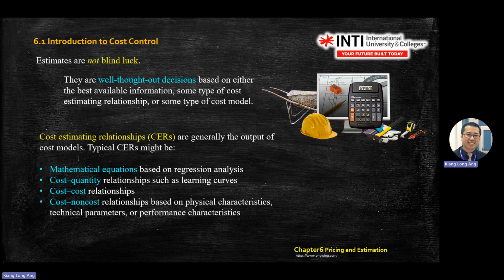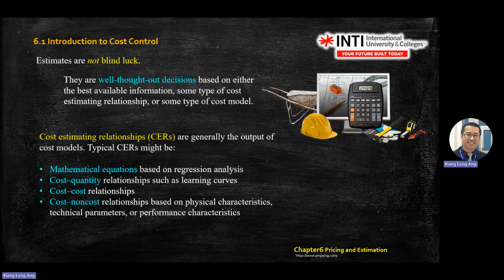Let's say in Excel, you can generate y equals mx plus c, and you can generate a data called regression r squared, 0.9 something. 0.98 means if you zoom in, your line and the dots are very, very close.